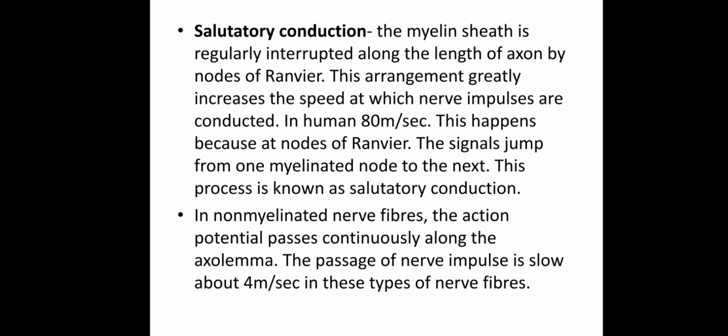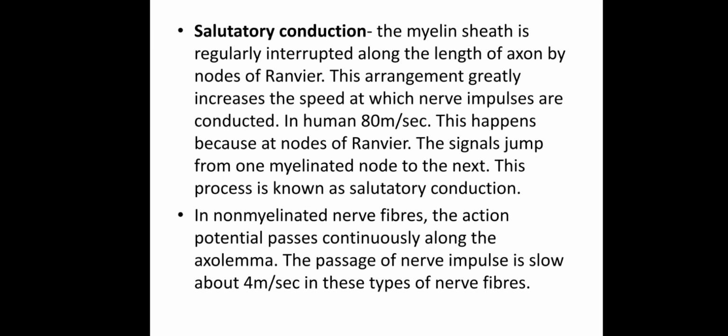Saltatory conduction. What is saltatory conduction? The myelin sheath is regularly interrupted along the length of the axon by nodes of Ranvier. This arrangement greatly increases the speed at which nerve impulses are conducted.